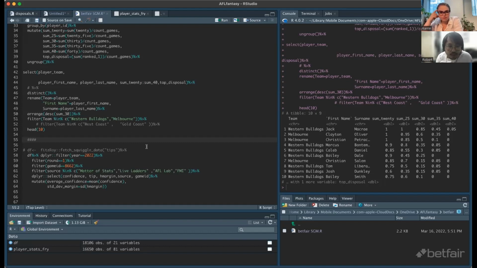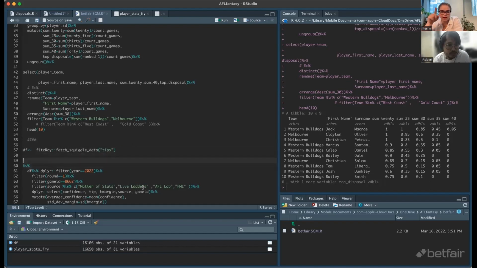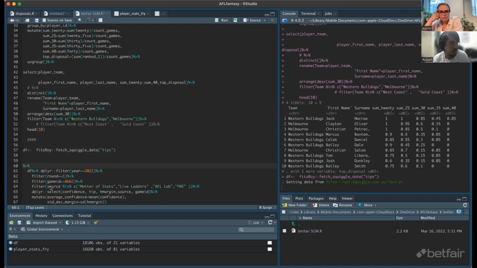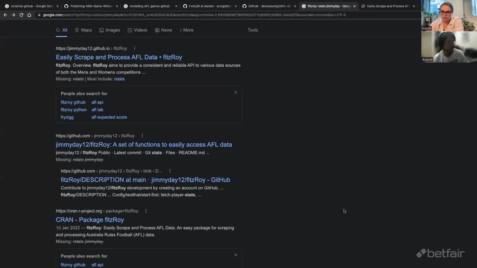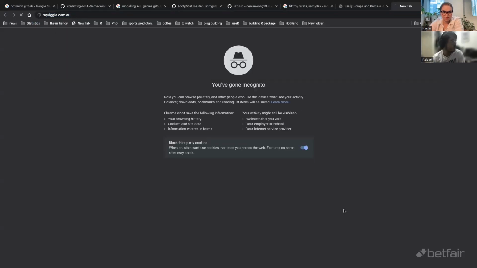And then the other leg with the multi is just looking at some Squiggle tips. So as you know, Squiggle's a pretty cool website, which I will swap screen quickly and show. So you can go to Squiggle.